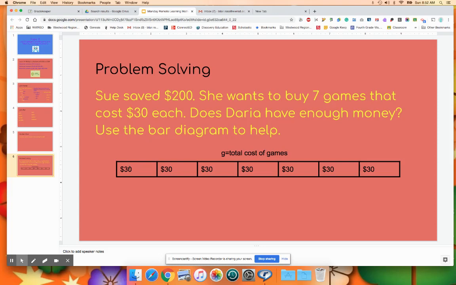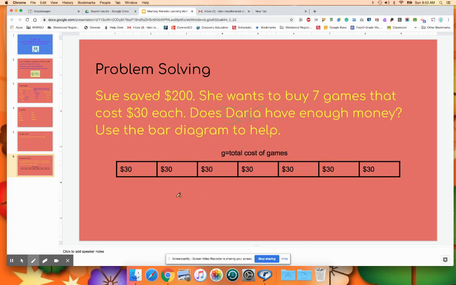So here we have a bar diagram. We need to find the total cost of the games, which would be G. And I know this is making some of my students crazy. Okay. So we have 7 30s. 1, 2, 3, 4, 5, 6, 7 for the 7 games.